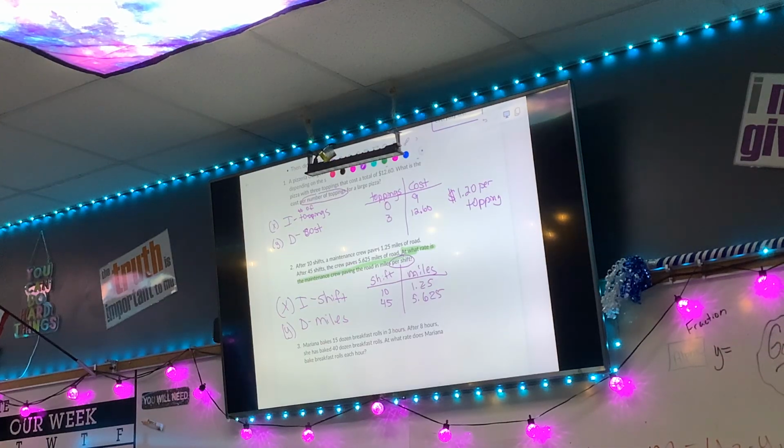You're finding your slope or your rate of change. So that's good practice for the 3 tables on the bottom of your test tomorrow.